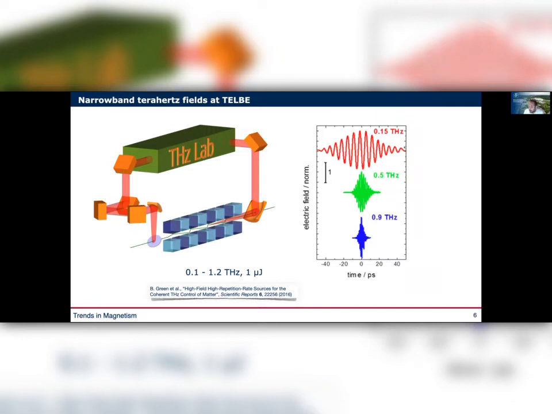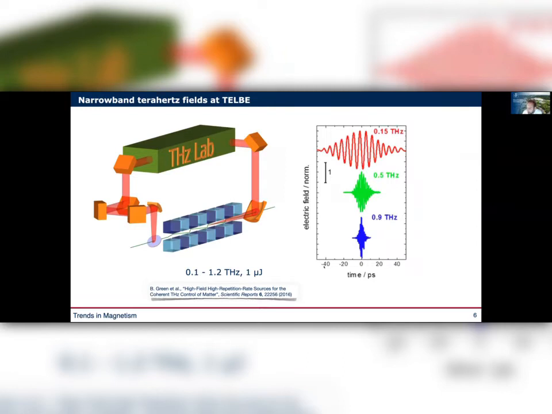The number of cycles is constant when you generate the field this way, so if you change the frequency, the total duration of your pulse changes. Here it is shown that you go from 0.15 to 0.9 terahertz, and you can tune this. The nice thing about these machines is that just by tuning the energy of the electrons and of the magnetic field, you can change this frequency in a controlled way.